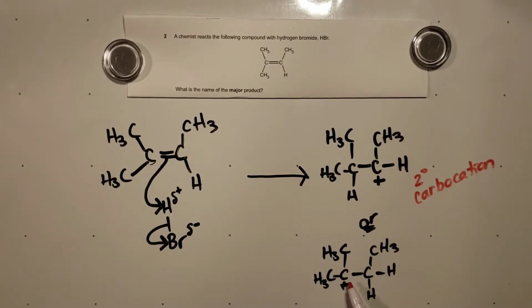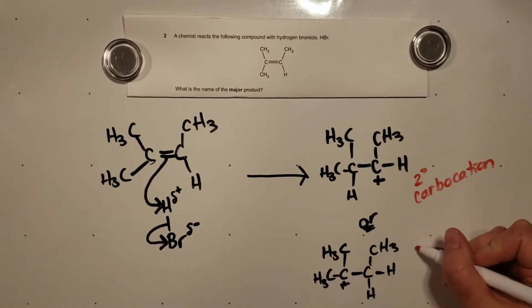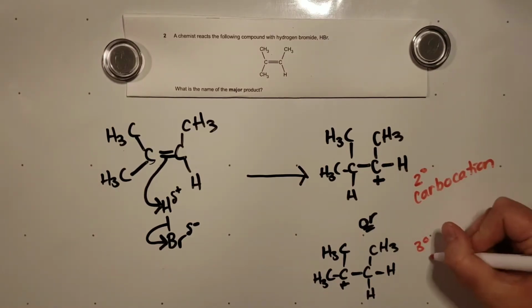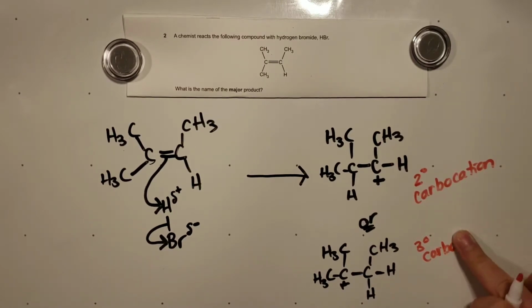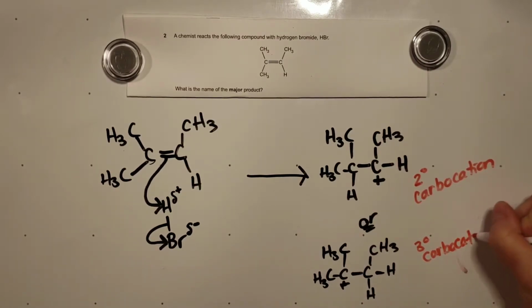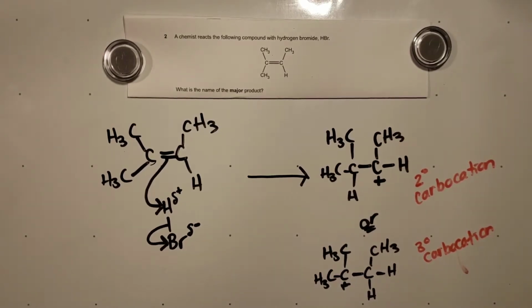This one down here has 3 carbons, so this is actually a tertiary carbocation. Now between the 2, your tertiary carbocation is going to be more stable.